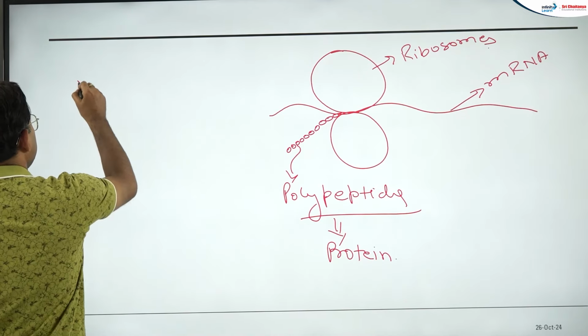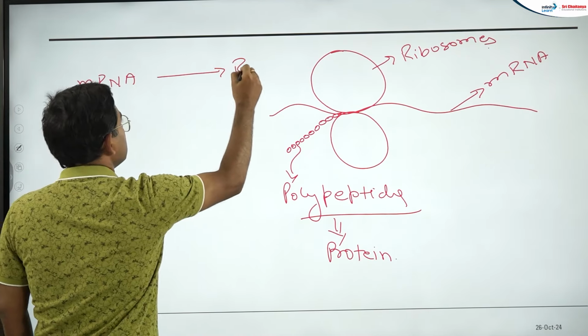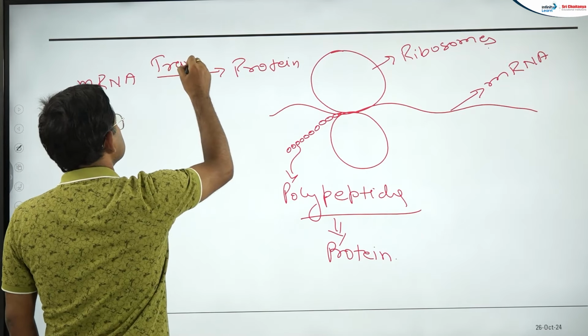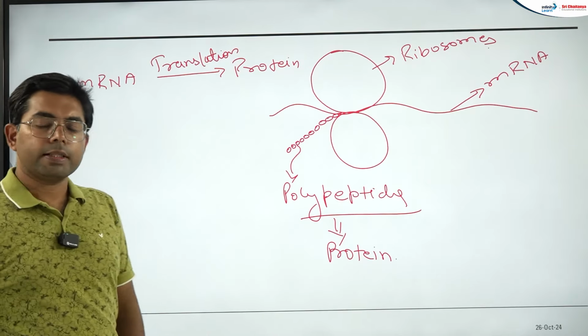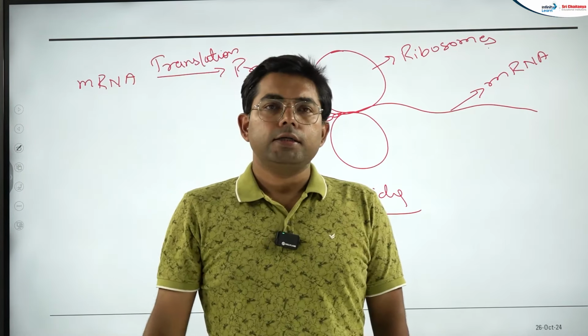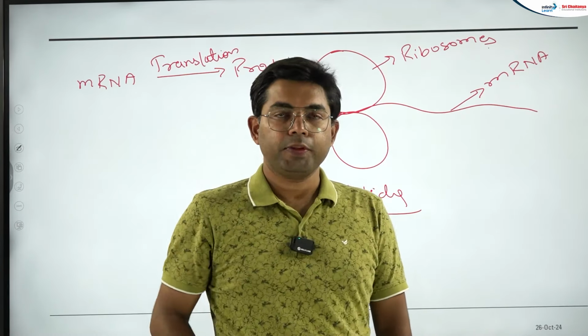So mRNA is forming protein by the process of translation. Another thing you have to remember: the transcription part takes place in the nucleus.